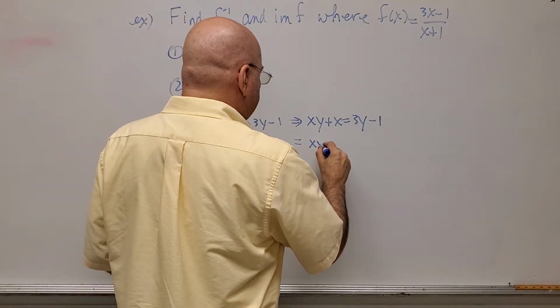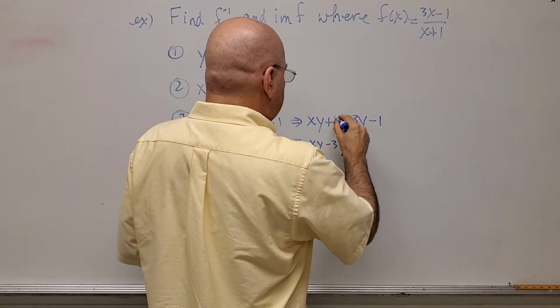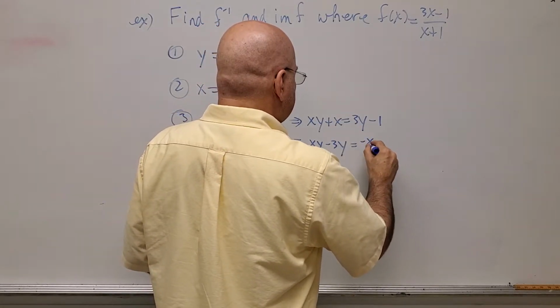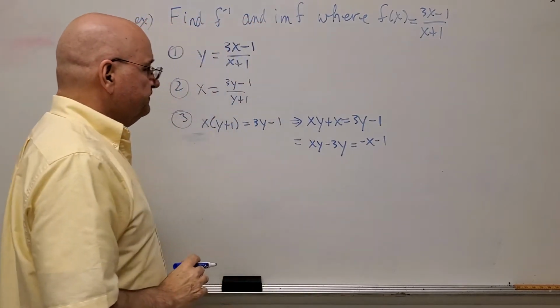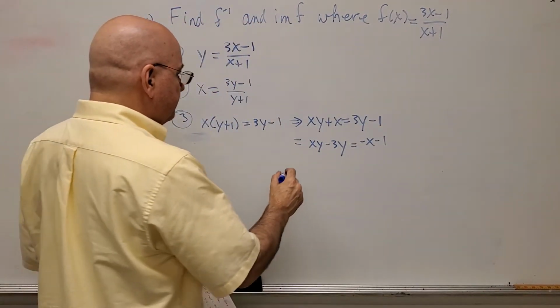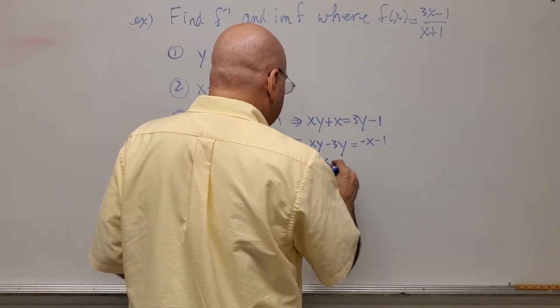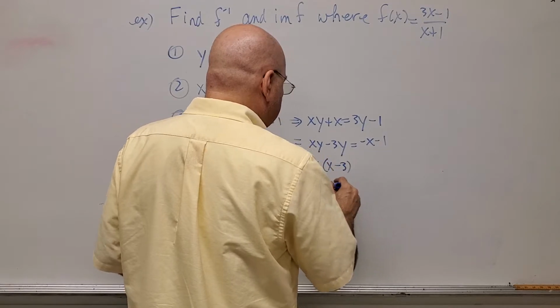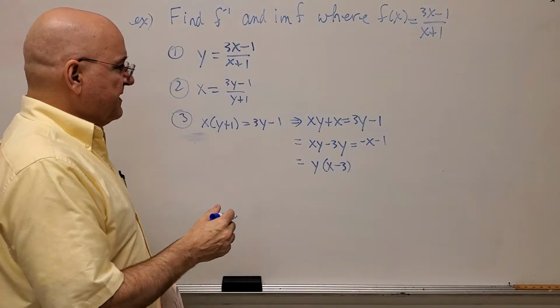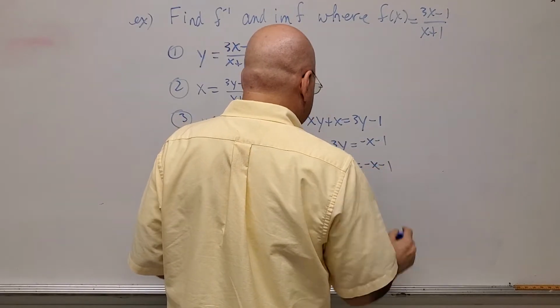Let's get the y's on one side. So xy minus 3y equals negative x minus 1. I subtracted x from both sides, and I subtracted 3y from both sides. So now I can factor out the y on the left-hand side. y times (x minus 3) is negative x minus 1.